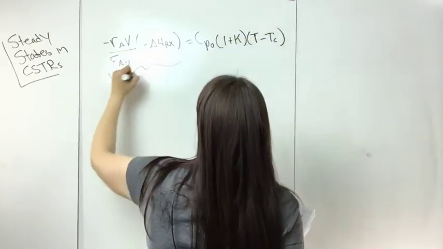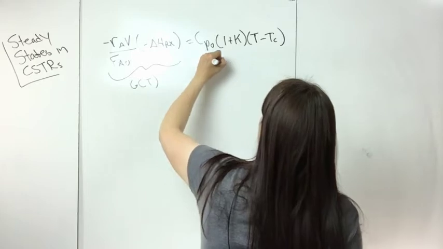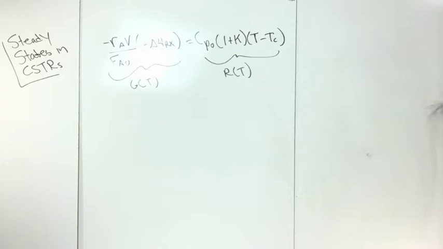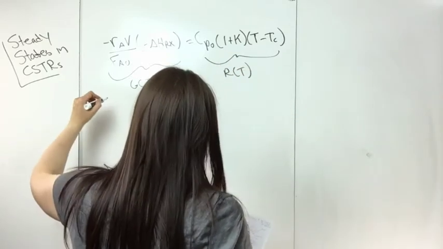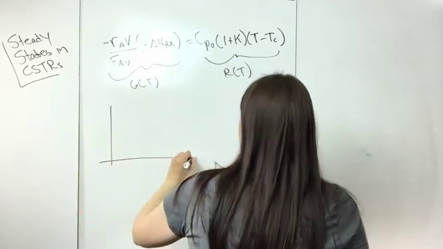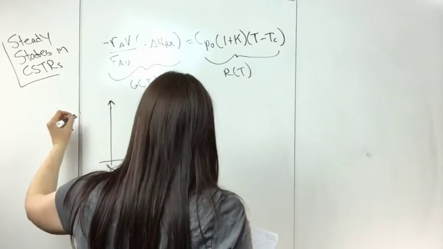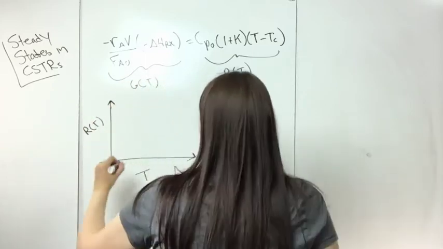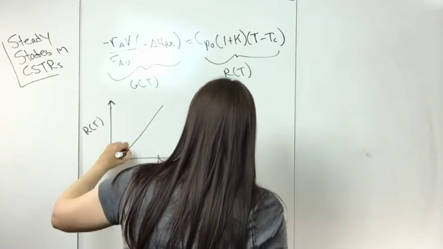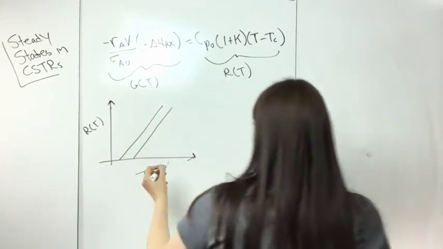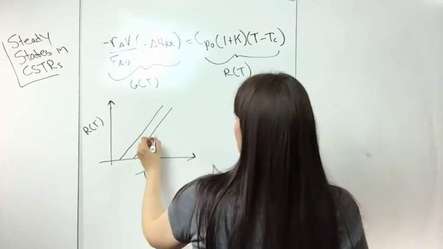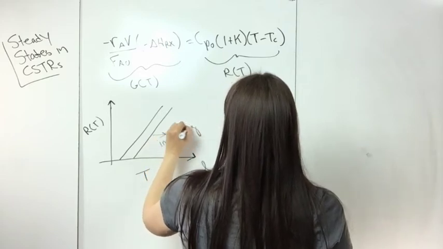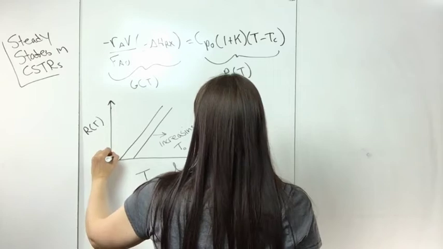And then this was G of T, and this was R of T. So then if we start plotting these, we're plotting this as a function of T. So this one is R of T, and this is T. This will just end up being a straight line. And if you increase T naught, then the line will move this way. So this is increasing T naught.